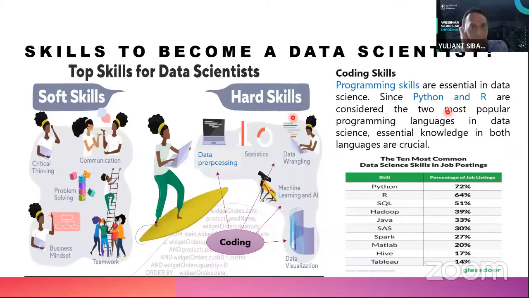Python and R are considered the two most popular programming languages in data science. We can see from this table, the most commonly used data science programming languages: Python and R are the top two in position.